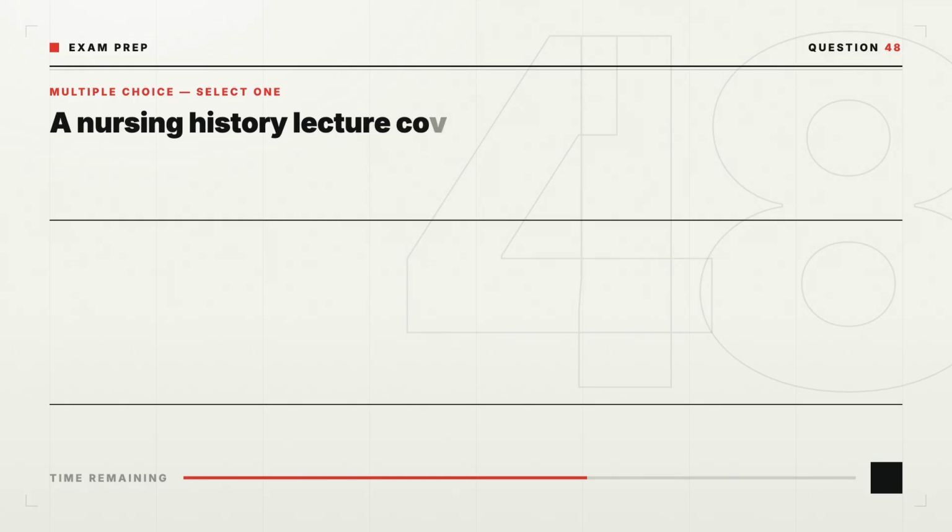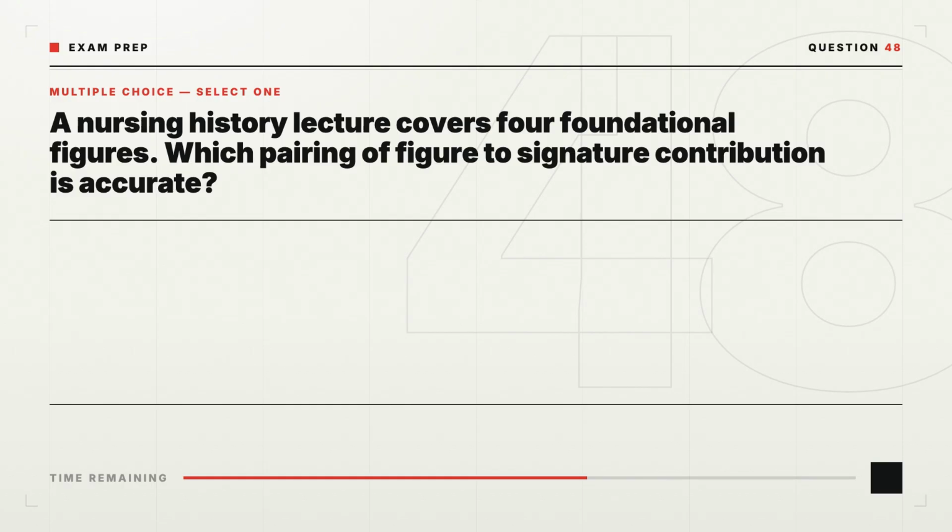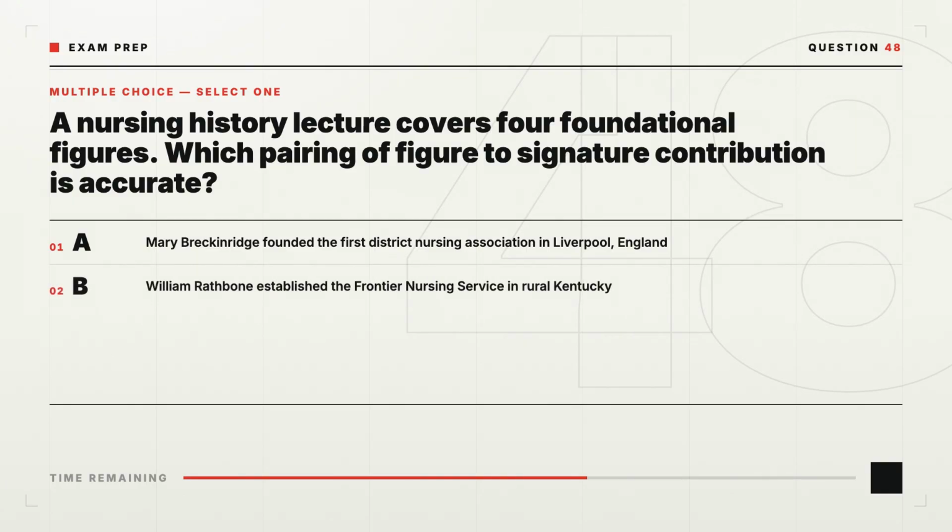Question 48. A nursing history lecture covers 4 foundational figures. Which pairing of figure to signature contribution is accurate? Your options are: A. Mary Breckinridge founded the first District Nursing Association in Liverpool, England. B. William Rathbone established the Frontier Nursing Service in rural Kentucky.